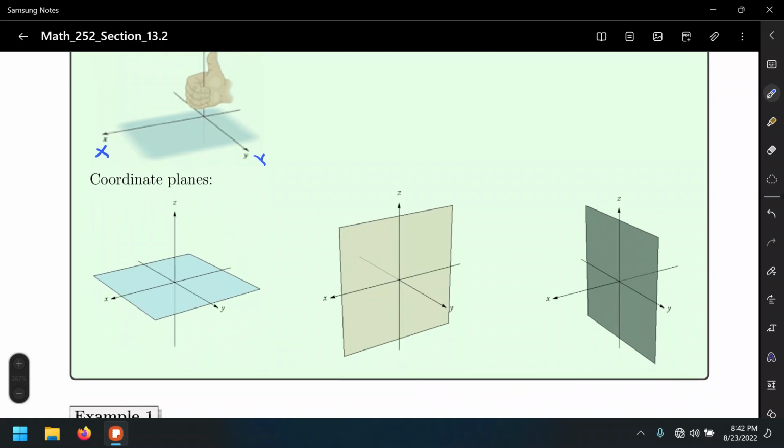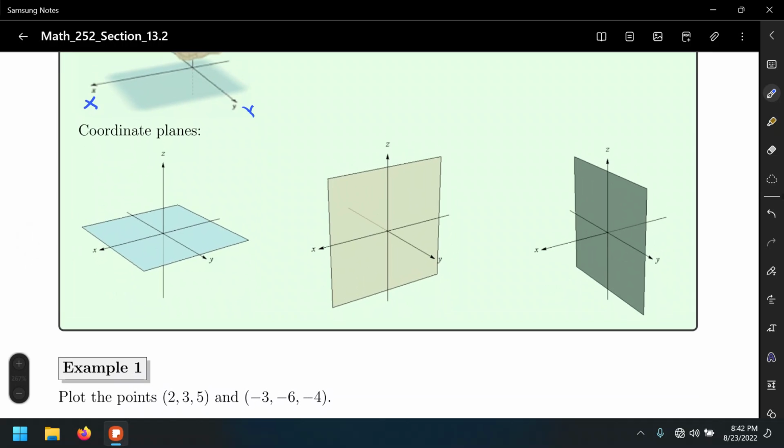From this system, let's break it up into its main components. We have different coordinate planes. This one right here in blue is the system that you have worked with throughout all your math courses, the XY plane. This is the first time that you will see the z-axis right here.